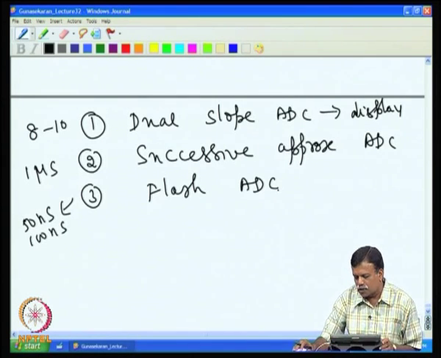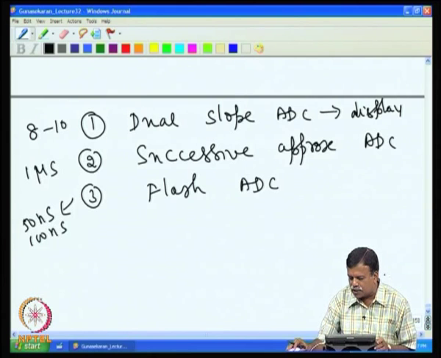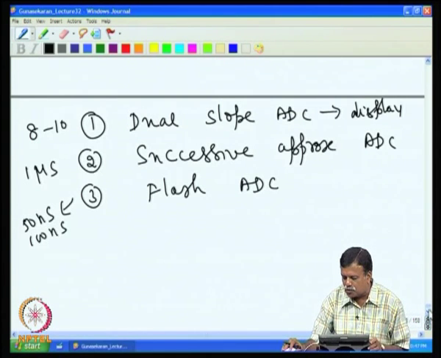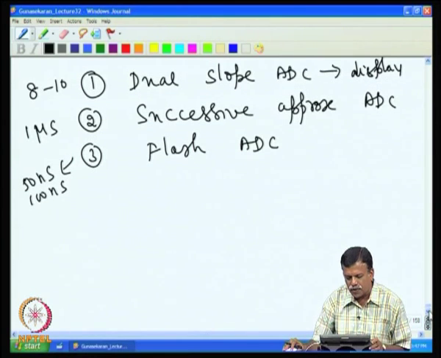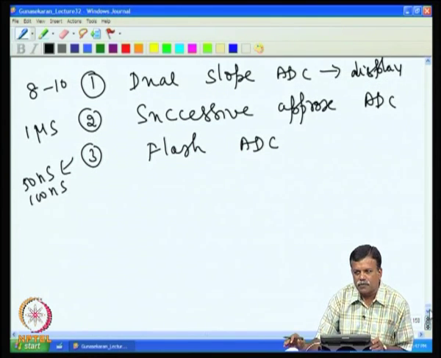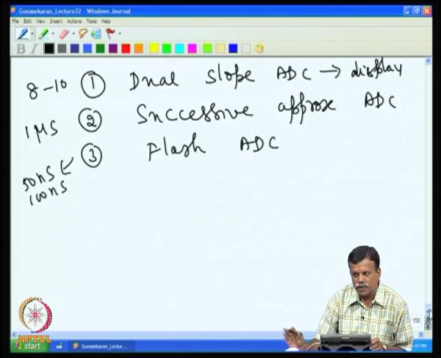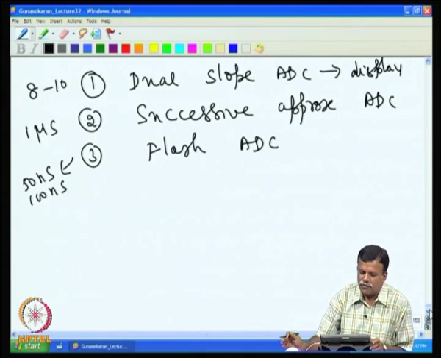Now, in all these things we have issues, because after all these A to D converters have voltage dividers, or compare voltages and so on, before the final conversion is achieved. They all have errors.